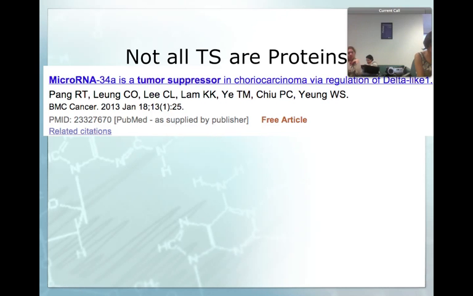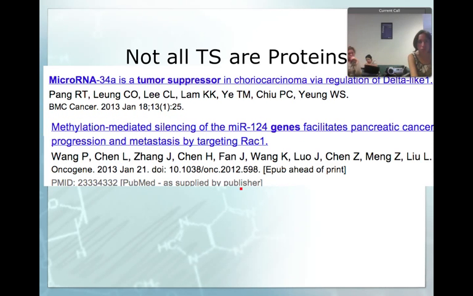They can either come from their own promoter, or from within an intron and be spliced out of it. Any of these tumor suppressor microRNAs would very likely have the job of inhibiting the transcription or translation of an oncogene. That, by definition, would make it a tumor suppressor. And there's lots of them.